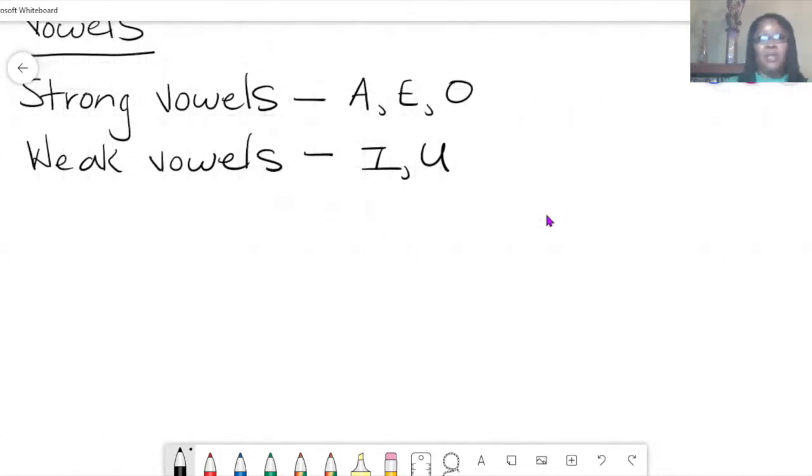In terms of breaking our vowels into syllables, there are four rules that we're going to be looking at.